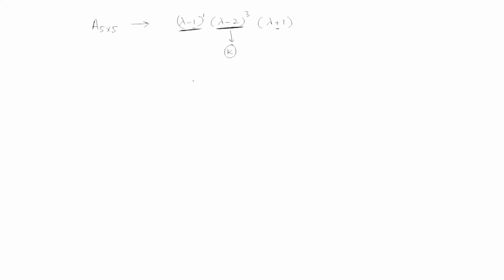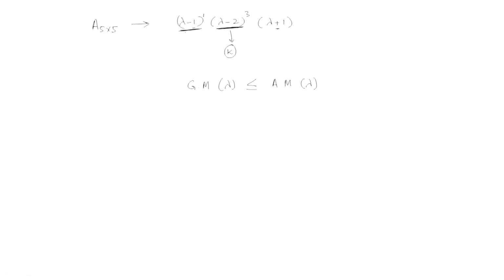So, geometric multiplicity is nothing but the number of linearly independent eigenvectors corresponding to a lambda. Now, geometric multiplicity, which is GM, corresponding to a lambda is always less than or equal to the algebraic multiplicity corresponding to that lambda. It can't be more than this.